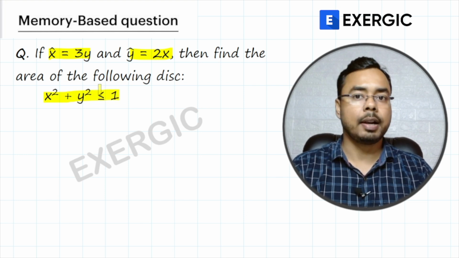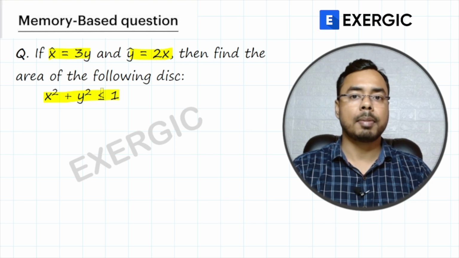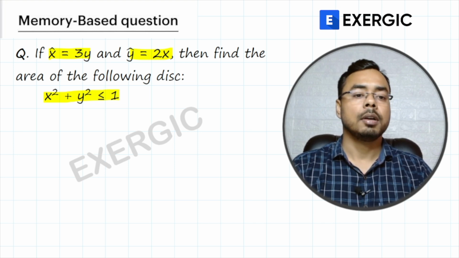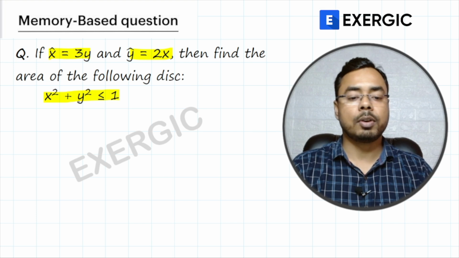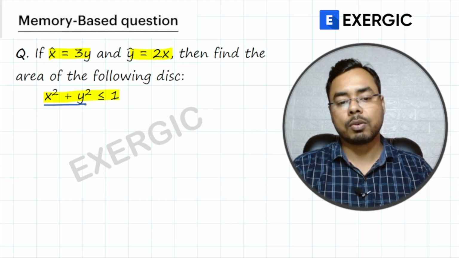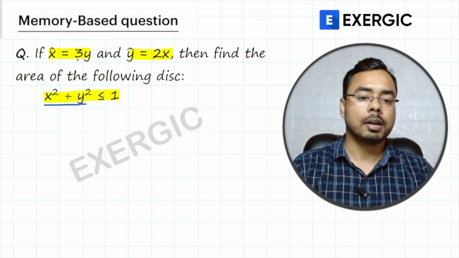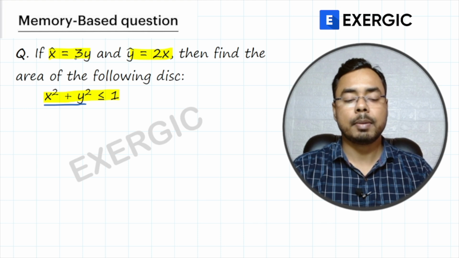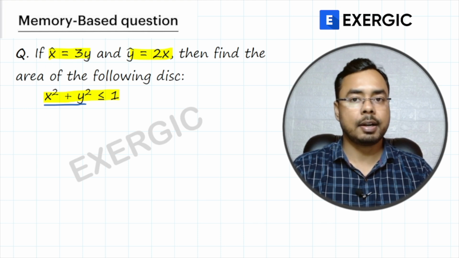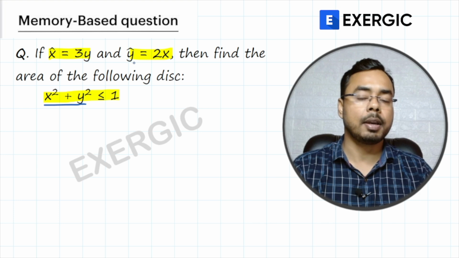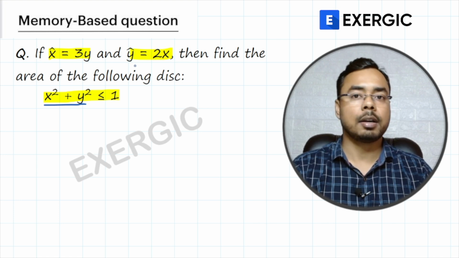Now this was a slightly different problem, but not a difficult problem. Right, here in this problem, what we have to do is, this circular disk is given to us, x square plus y square less than or equal to 1. Now, if I do this transformation, that in place of x cap I write 3y and in place of y cap I write 2x, then I will get a different sort of curve.